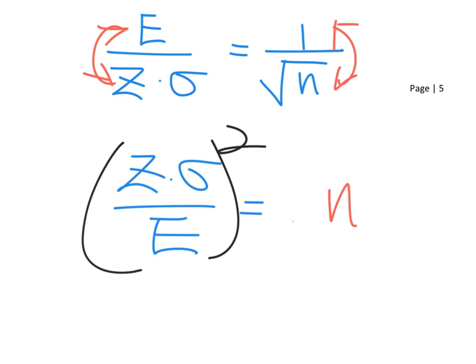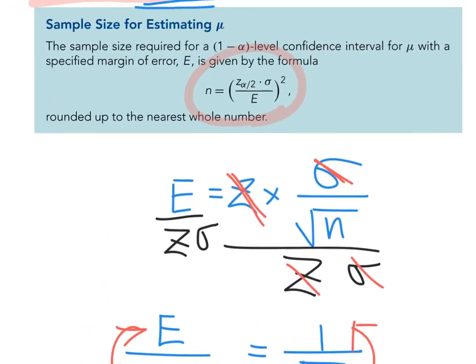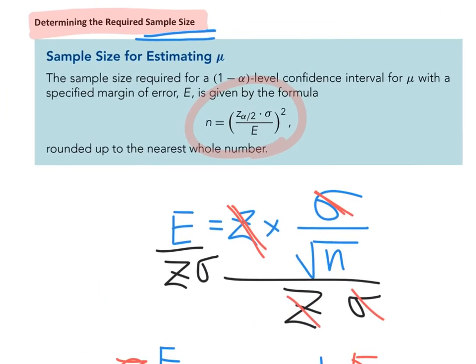Does it make sense? Look at this. Sample size n can be determined as Z times sigma over E, squared.